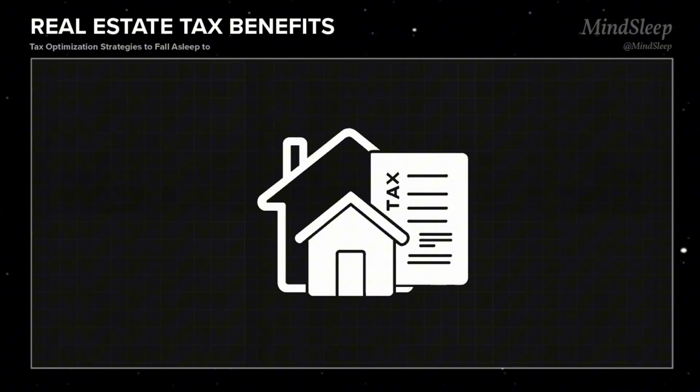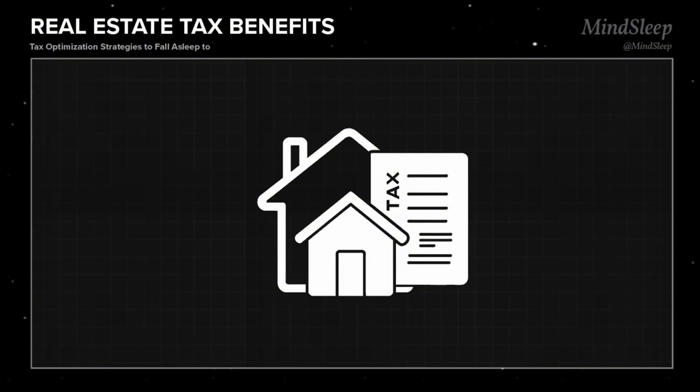Depreciation allows property owners to deduct a portion of their property's value each year as a non-cash expense. For residential properties, this depreciation is typically spread over 27.5 years, while commercial properties are depreciated over 39 years.